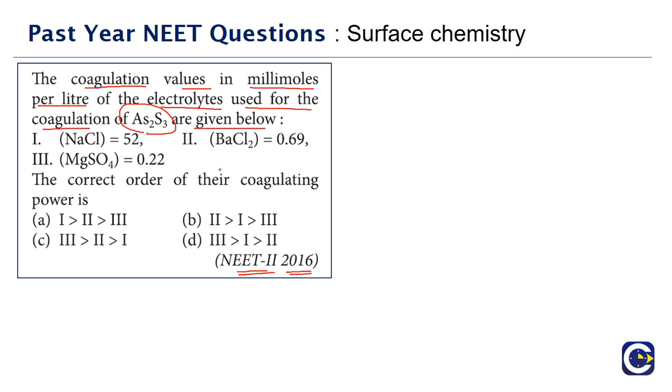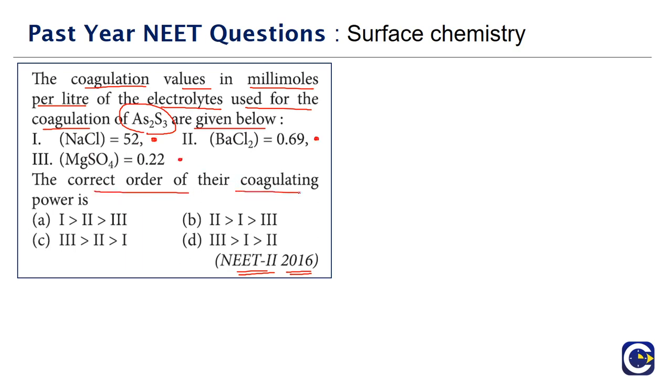So coagulation values are basically the amount of electrolyte that is required in concentration terms that will be able to coagulate a given lyophobic colloid. So here the coagulation values of the electrolytes are given: sodium chloride it is 52, barium chloride it is 69, and magnesium sulfate it is 0.22.